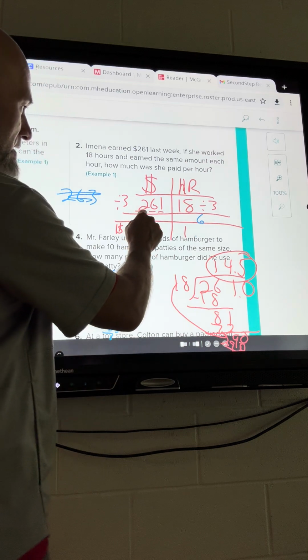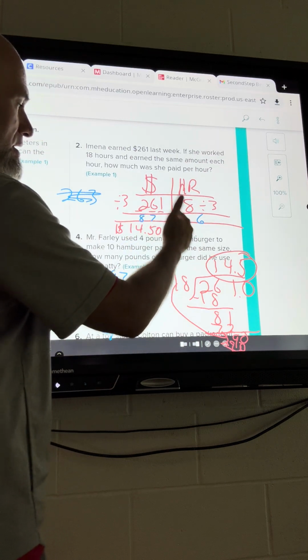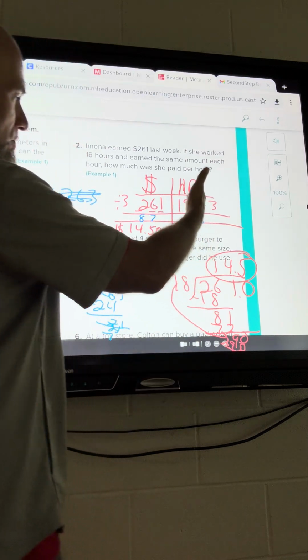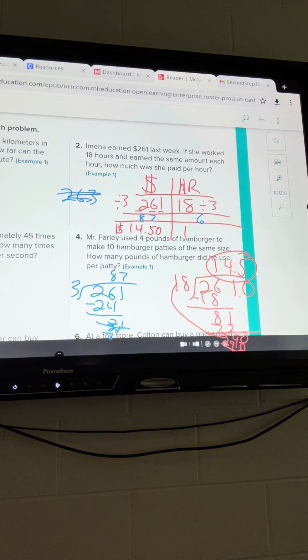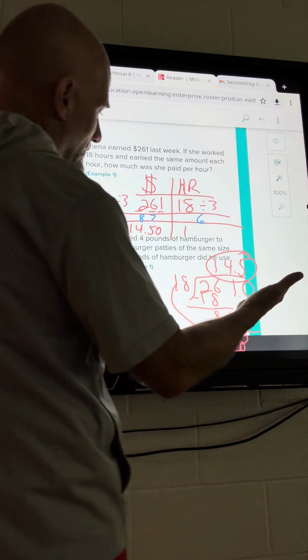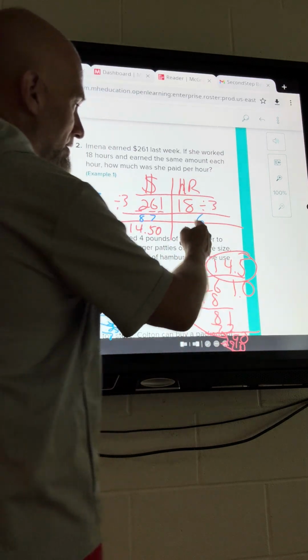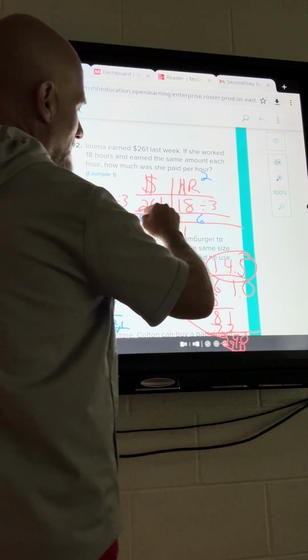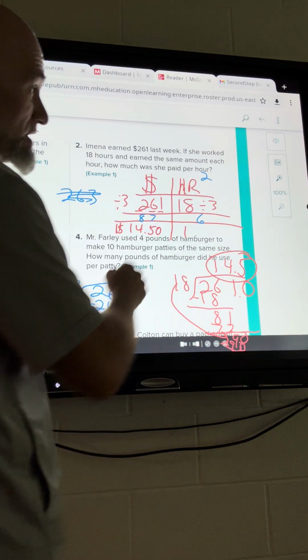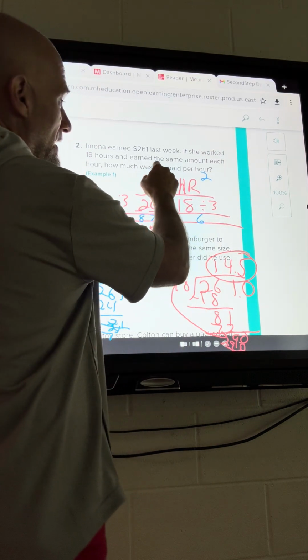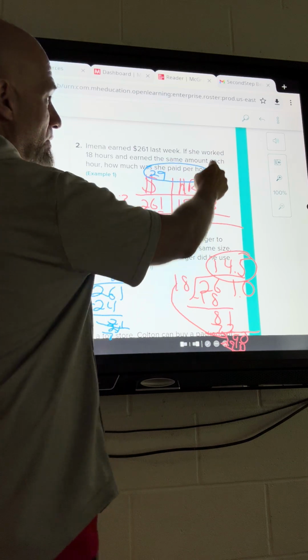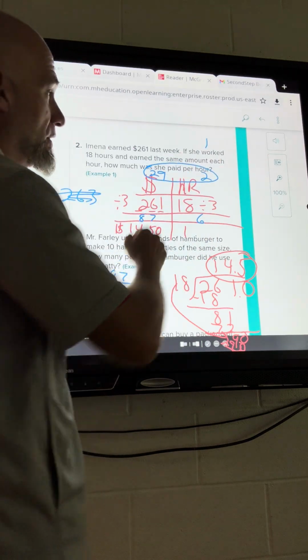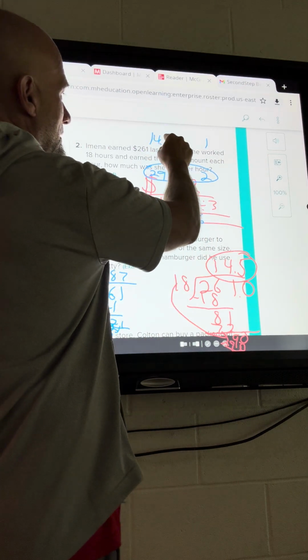So now $87 for 6 hours. Then we could divide both 6 and 87 by 6, or we could divide by 3. 3 fits into 6 twice, and it fits into 87 29 times. So we've got 2 and 29, and we could cut that in half and make it 1 and 14.50.